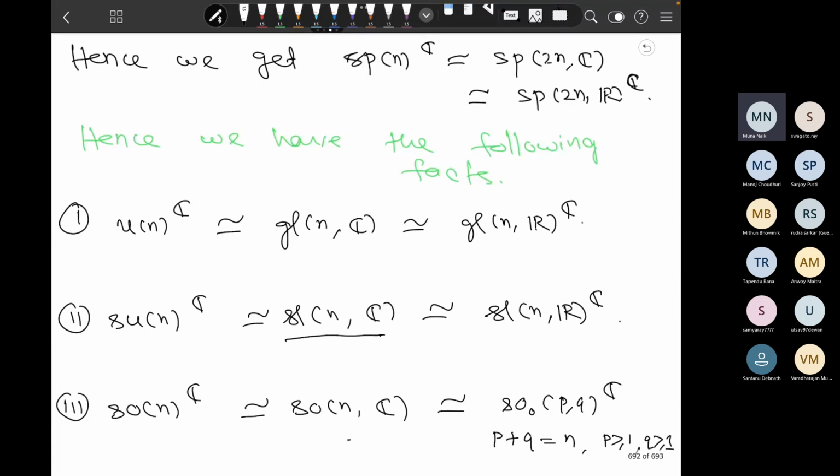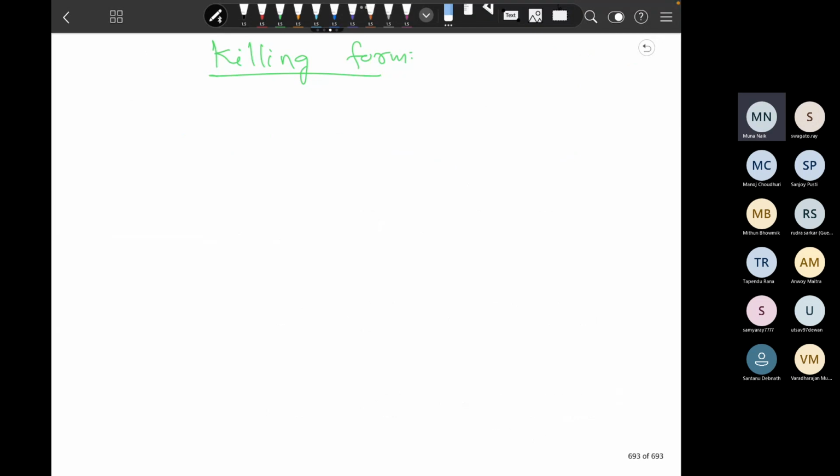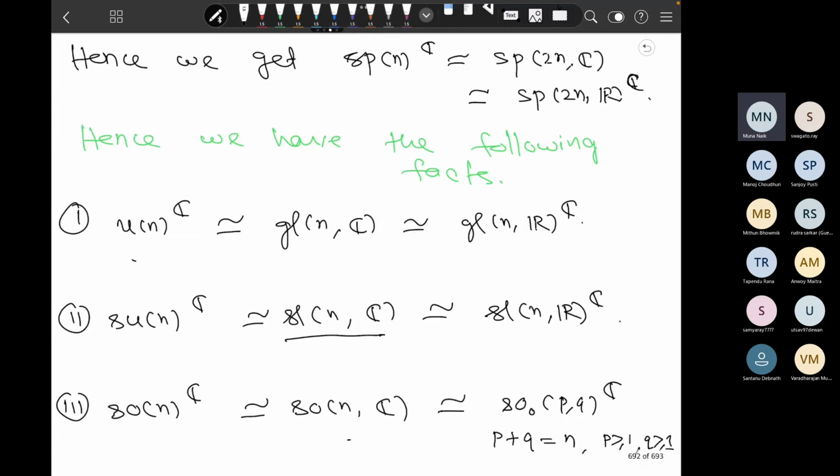And as I told, for GLNC we have a compact real form and a non-compact real form. But GLNC will not be semi-simple because UN is not semi-simple. Actually, this is also trivial, because if you look at the center of these Lie algebras, UN, GLNC or GLNR, you will find that it is non-zero.